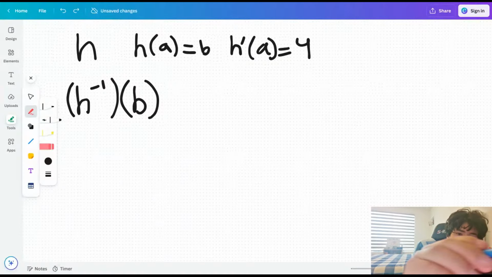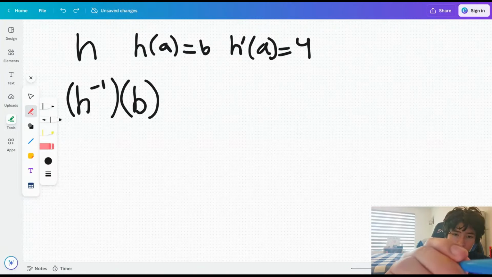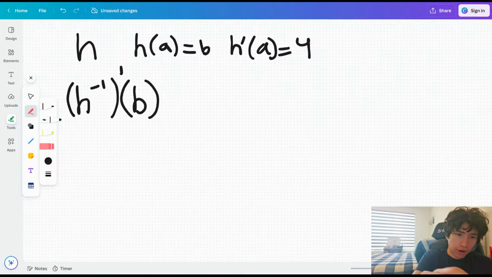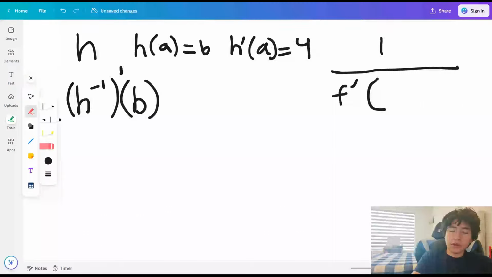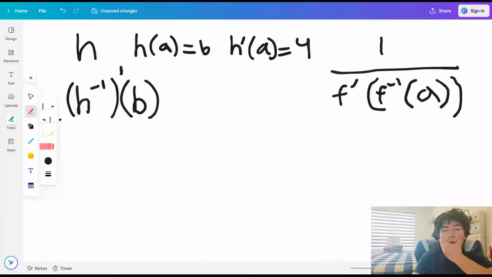Oh, wait. We need to find h prime. Sorry. So we know, use this equation: 1 over F prime evaluated at F inverse of A. Cool.